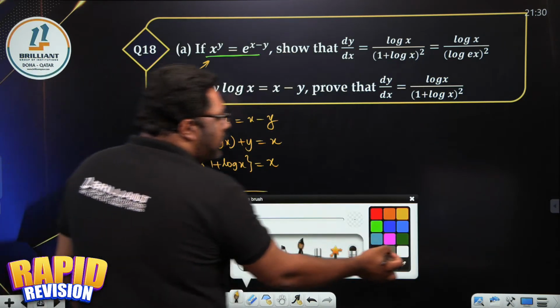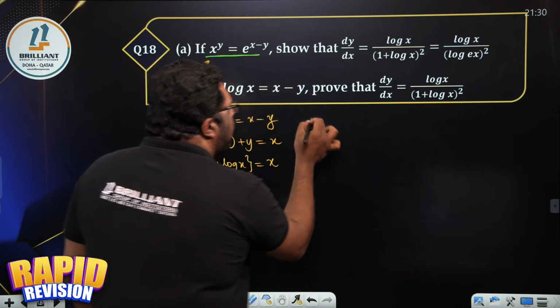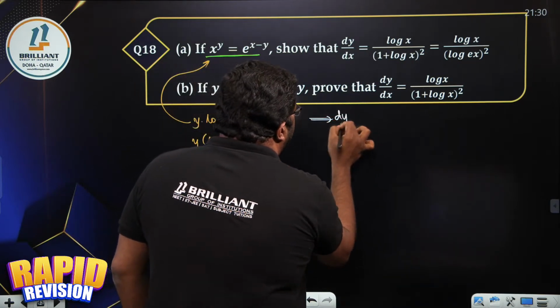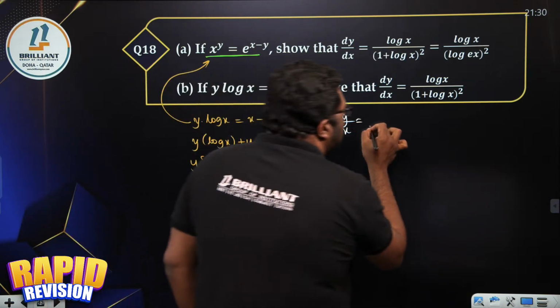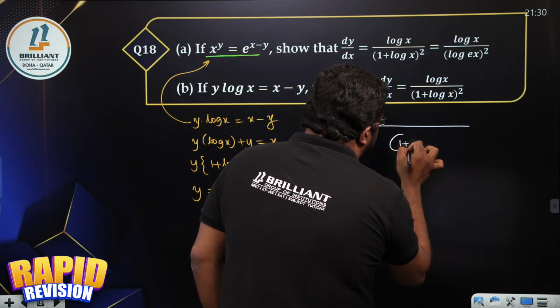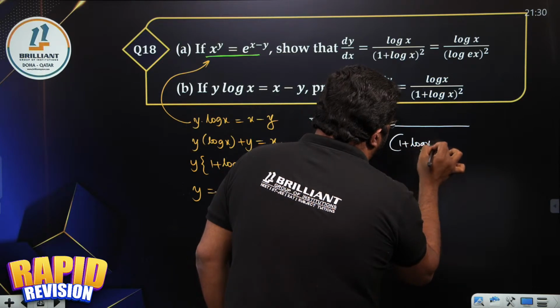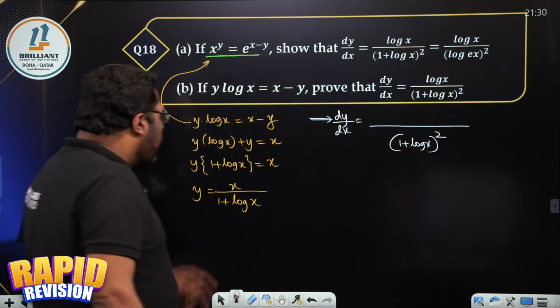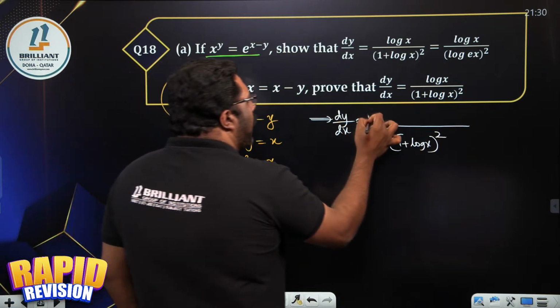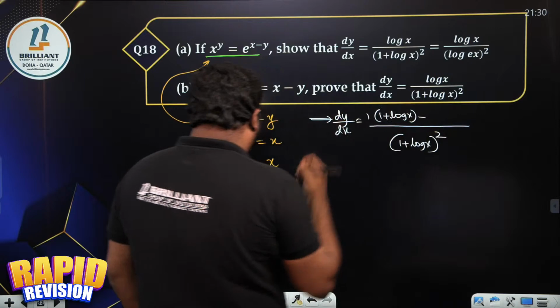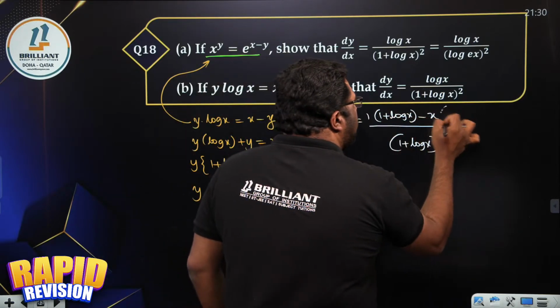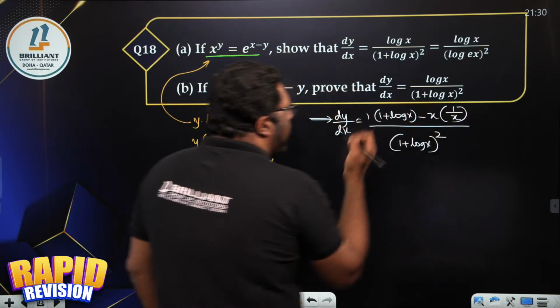Now please differentiate. That implies dy by dx is equal to quotient rule, yes, u dash is 1 plus log x minus x into 1 by x, all over 1 plus log x whole squared.